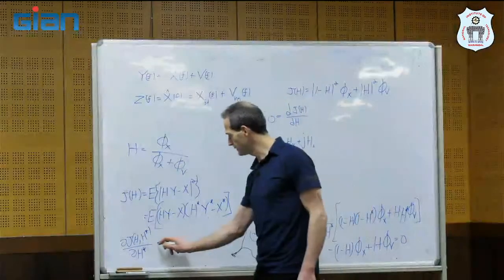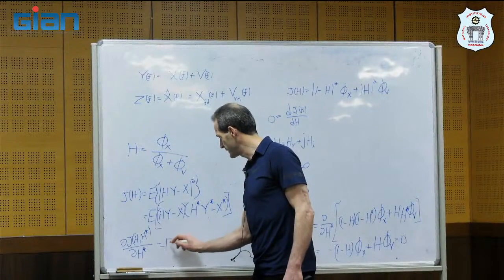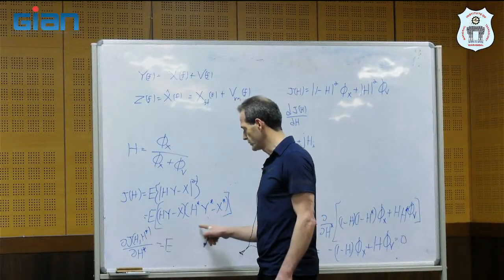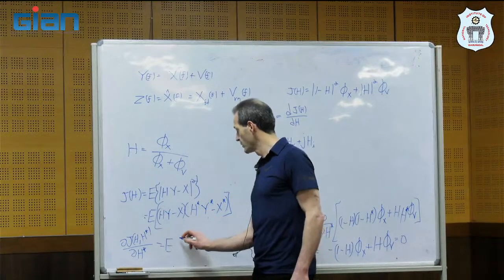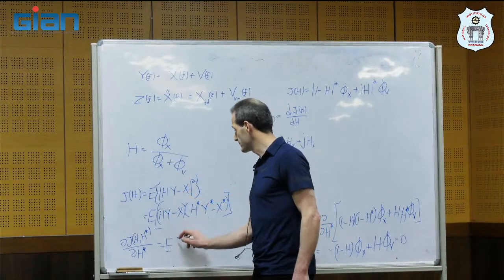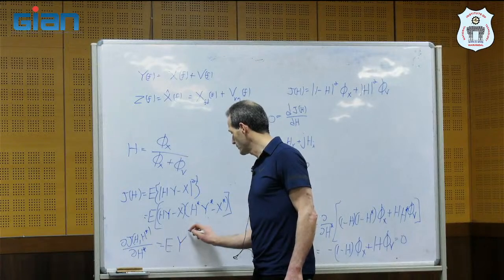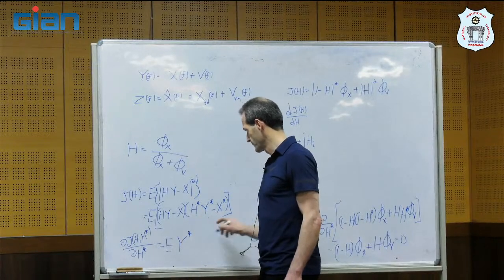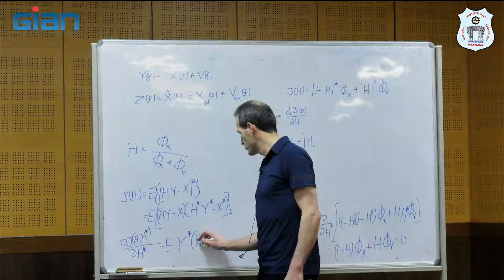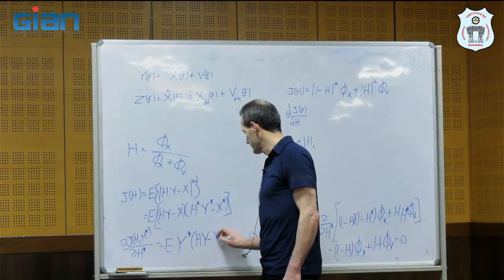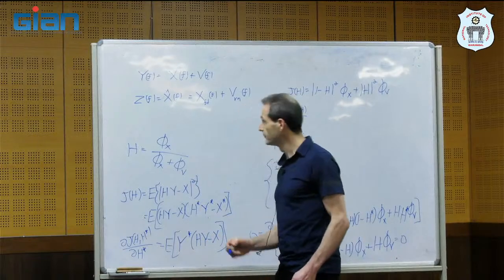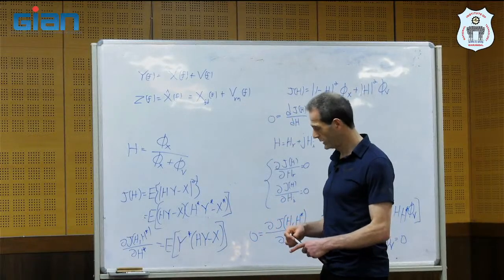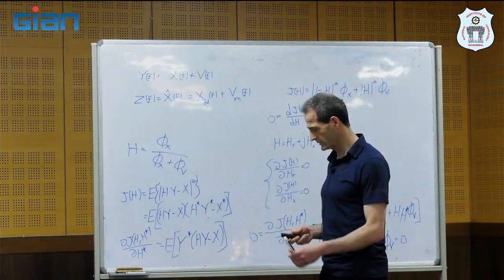So the derivative goes inside the expectation: Y complex conjugate multiplied by (HY - X). And we equate this to 0.